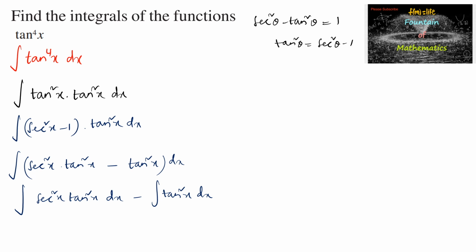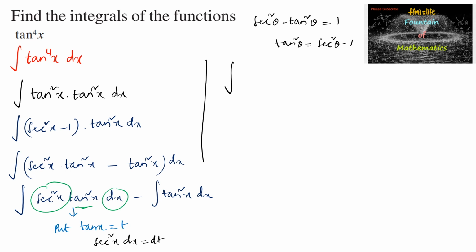And in the first integral, put tan x is equal to t, so that on differentiating, secant square x dx is equal to dt. So our first integral can be taken as integral of t square dt minus the integration of tan square x, which we write as the second integral.